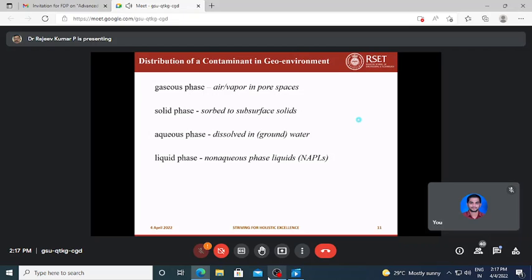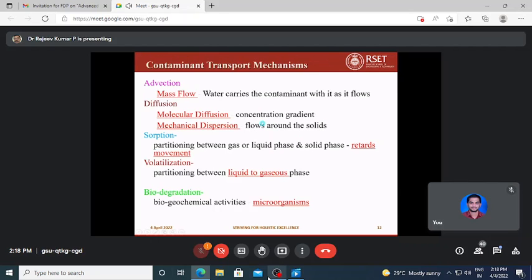In such a case, what happens? Water will remain as it is, and there will be petroleum products along with the water. It may not mix up with water, so this one is a two-phase system, water as well as petroleum contaminated environment.